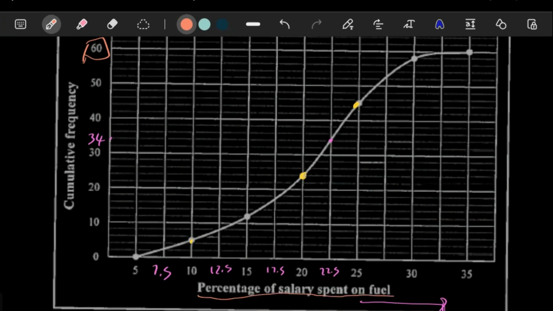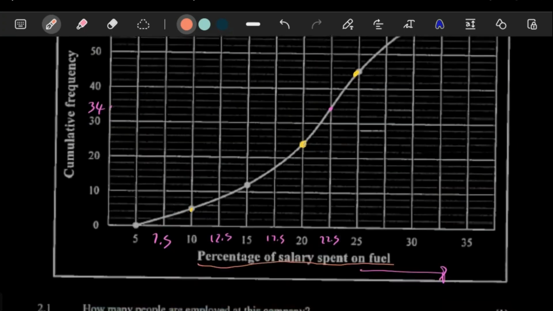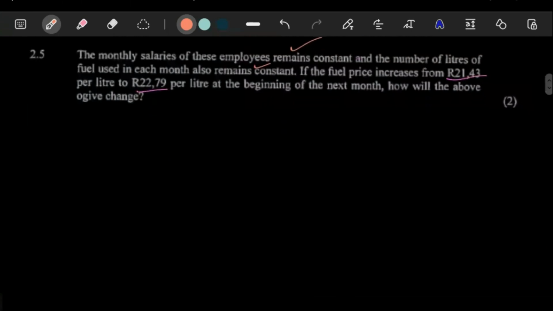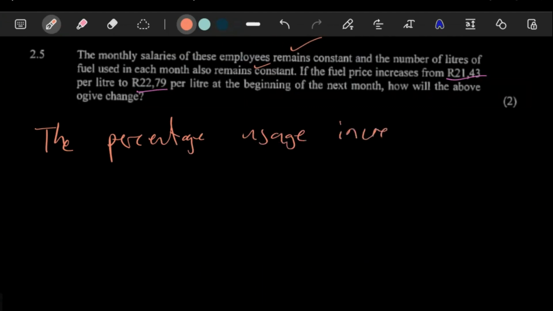So in this situation, you can just write what's on your mind, but it's an accurate description. You can say here the percentage usage increases, right?